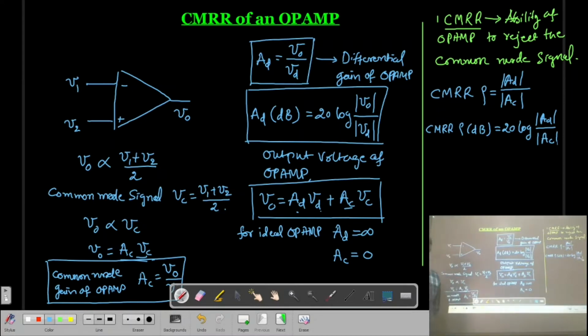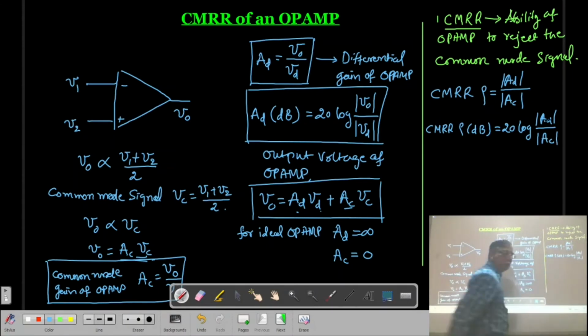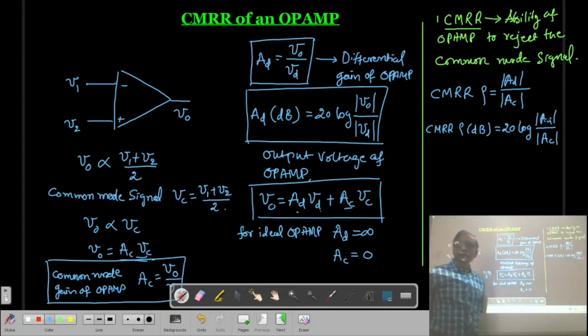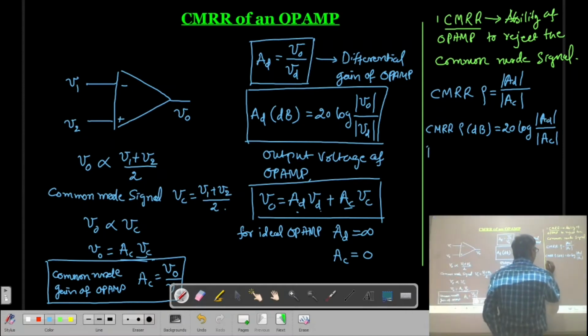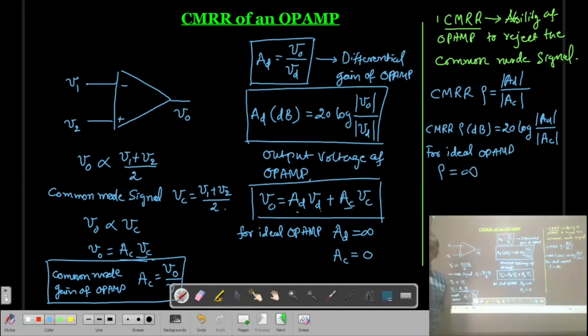And remember, for ideal operational amplifier, AC has to be 0 and AD has to be infinite. Means for the ideal operational amplifier, CMRR must be infinite. For ideal op-amp, the rho must be equal to infinite.